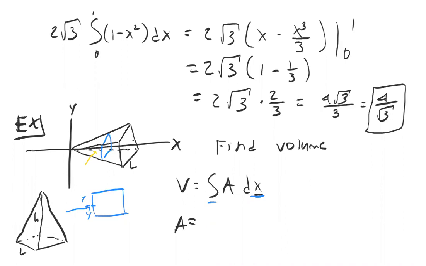And so I could just do area is y squared then. 2y squared, sorry. So this is going to be 4y squared. But now I need to put this in terms of x there.